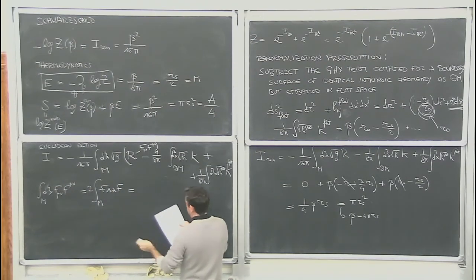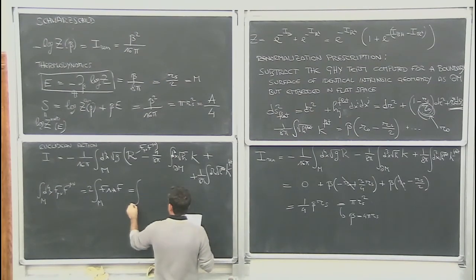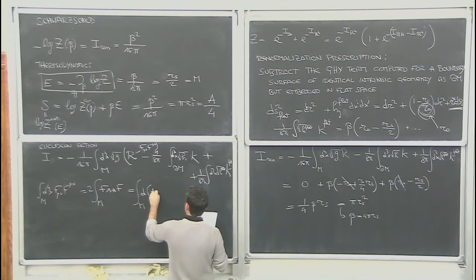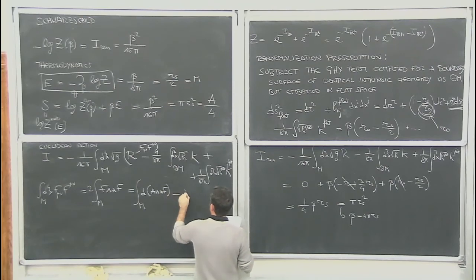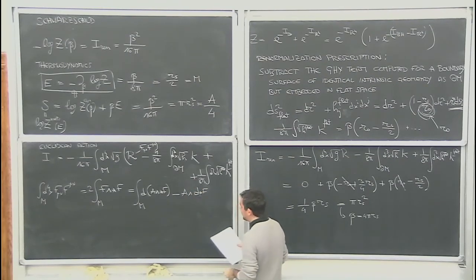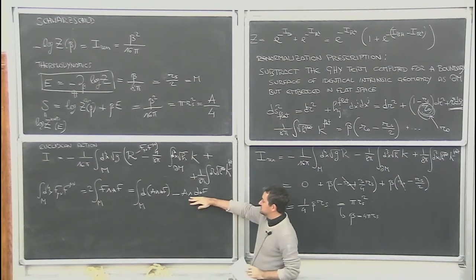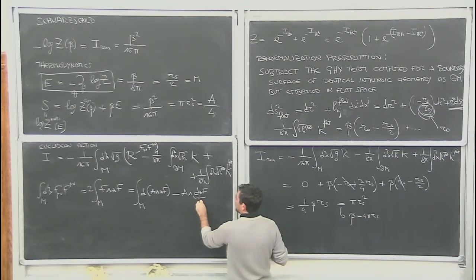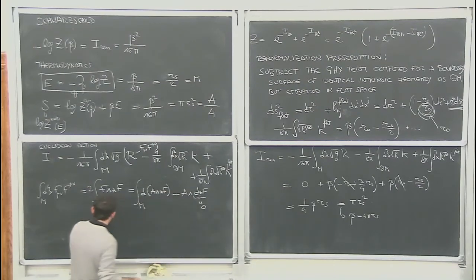Then you can use integration by parts, or if you want Stokes, to write it as d of a wedge star f minus a wedge star d star f, and then this vanishes because of the Maxwell equation. d star f equals 0 is the Maxwell equation, and this is a boundary term that just gives the integral of a wedge star f.